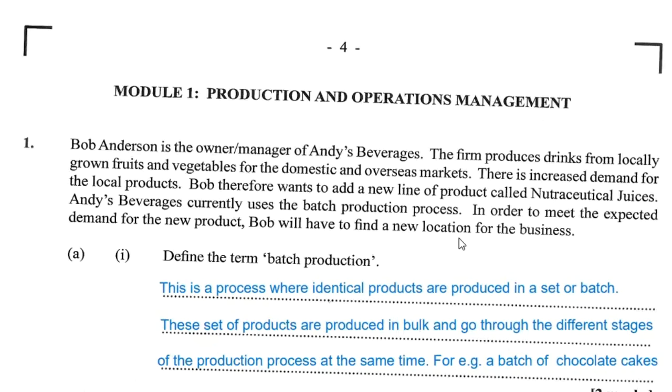These set of products are produced in bulk and go through the different stages of the production process at the same time. For example, a batch of chocolate cakes. So all the chocolate cakes will go through the same process at the same time until they are finished. And that is 2 marks.